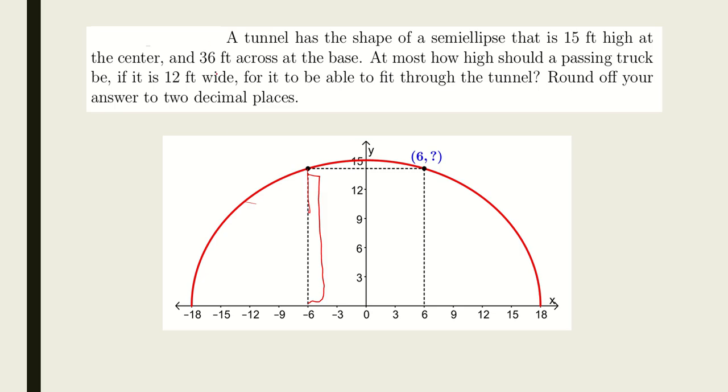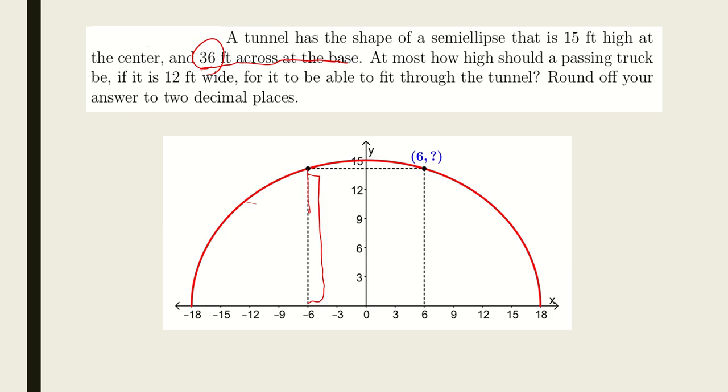Another one is 36 feet across the base. So if it's 36 feet across the base, that's 18 going to the left and 18 going to the right. If you're going to add 18 and 18, that is 36. It should be equally divided. Negative 18, from 0 to negative 18, that's 18 units. From 0 to 18 is also 18 units. If you're going to add that one, that is 36.